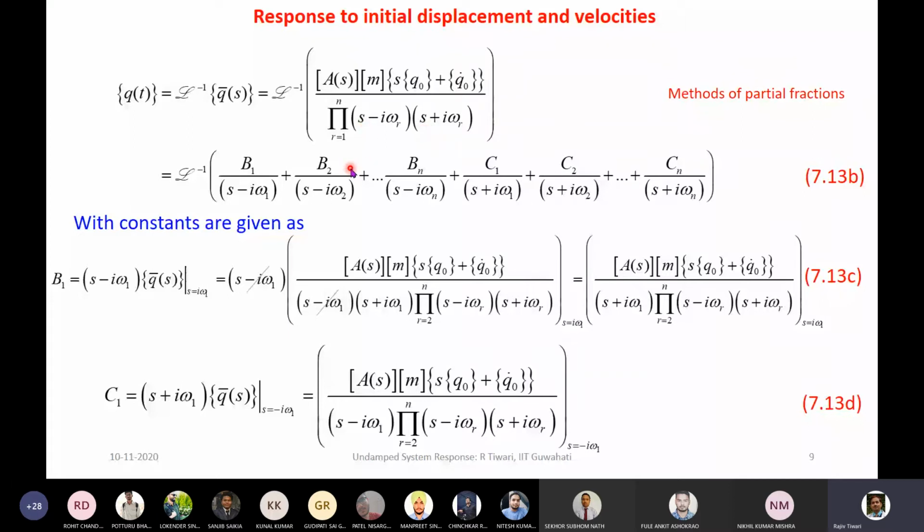So now we are using the method of partial fraction.